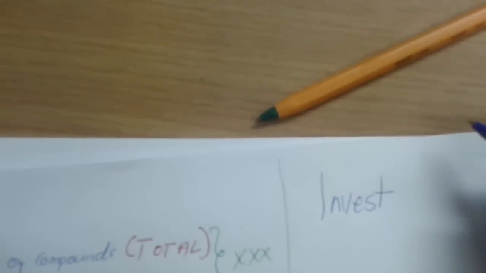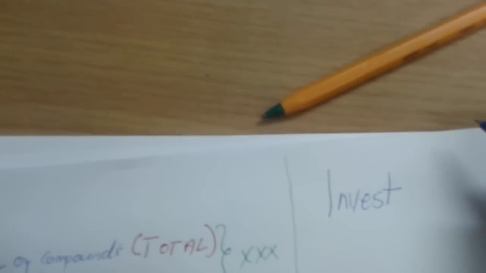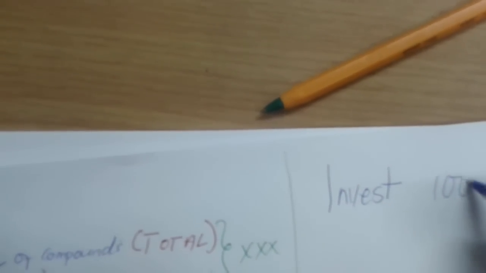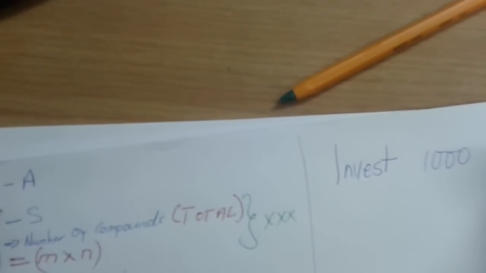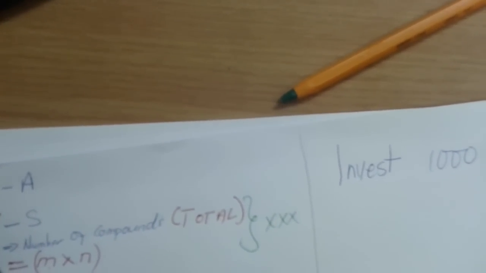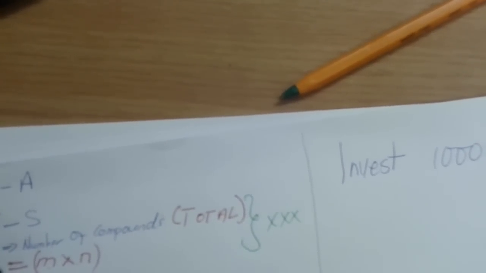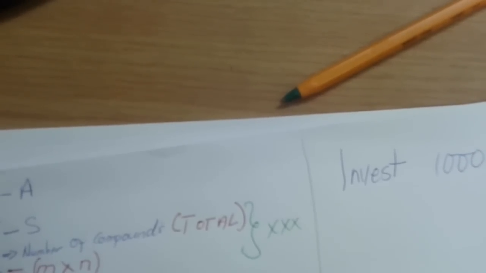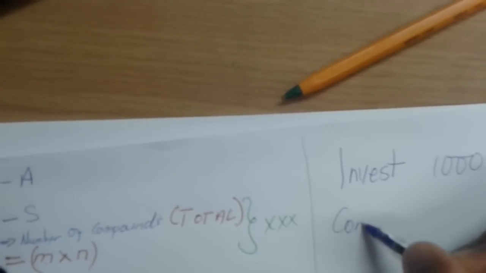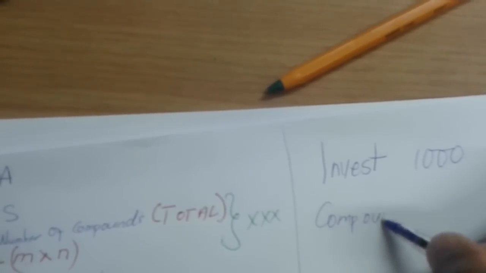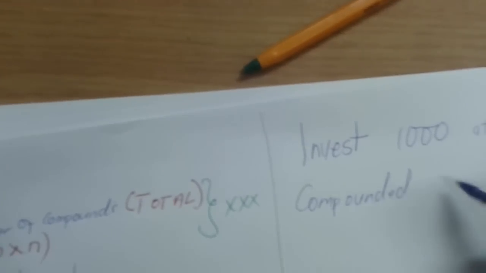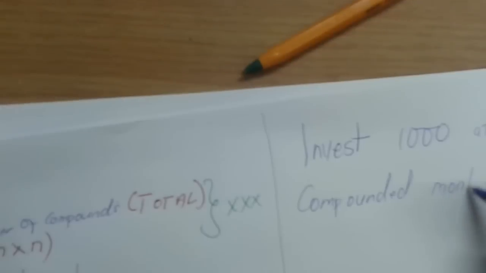Now, another scenario, another example, which is slightly different from this one. Now I want to invest 1,000 at 10% per annum compounded monthly.